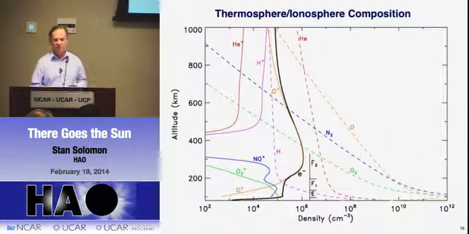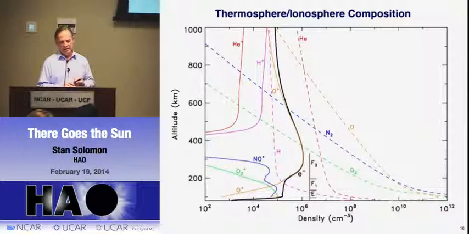Spent the first half of this talk trying to convince you that the thermosphere is highly variable, that it's hotter, when it gets hotter, it gets higher, and that it's hot because it has trouble shedding energy, and it's mostly atomic oxygen.